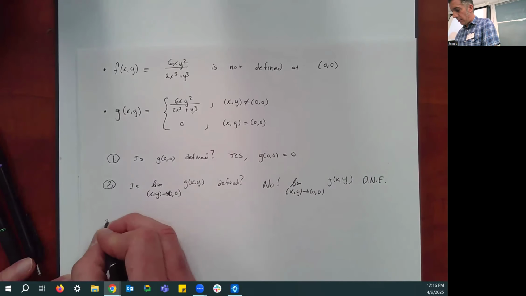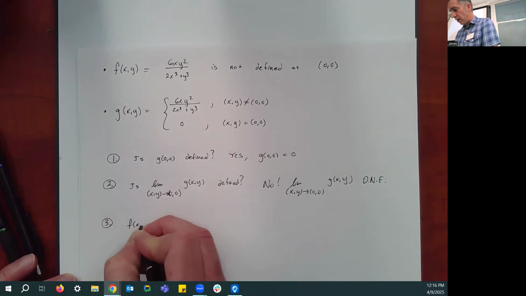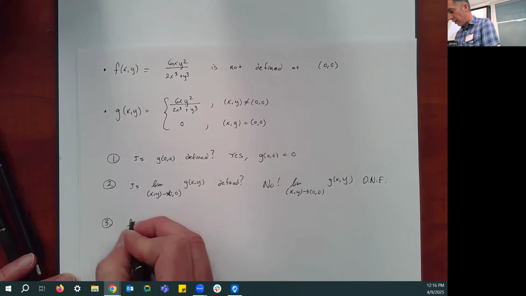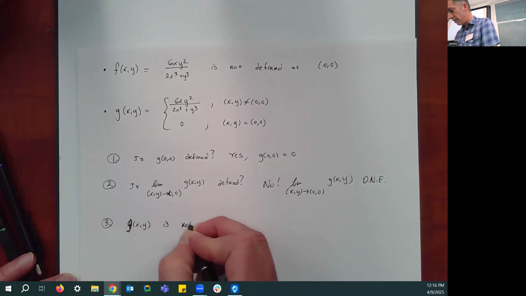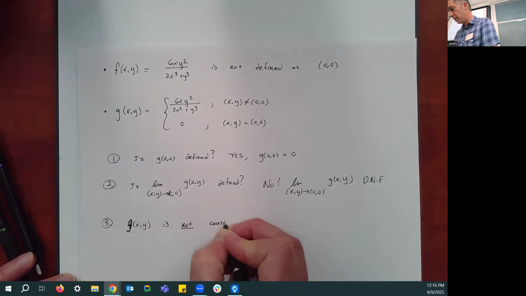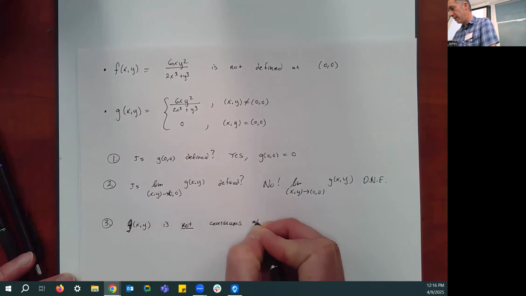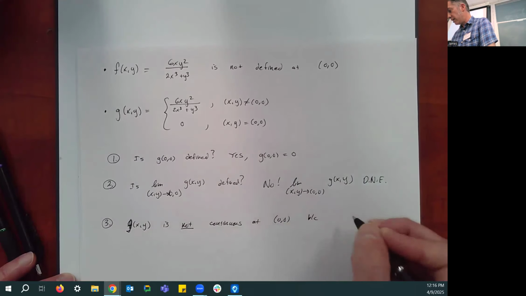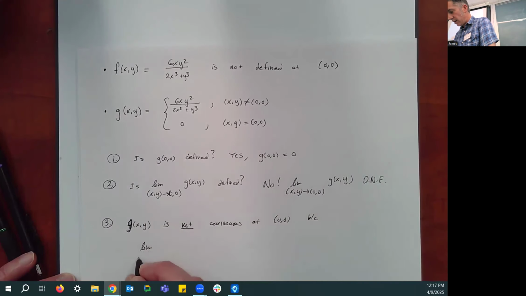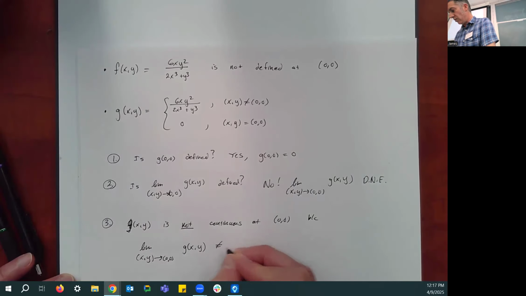So I'll point out that f of x, y, sorry, g of x, y, apologies, g of x, y is not continuous at 0, 0 because the limit as x, y approaches 0, 0 of g of x, y doesn't exist and therefore couldn't be equal to g of 0 comma 0.